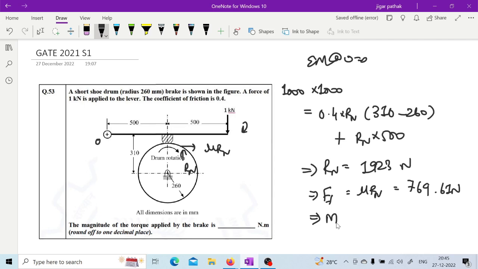So the braking torque is Ff into the radius of the drum, 200. So it is almost coming around 200 Newton meter, right? So this 200 will be your answer, correct? Okay, so today we are keeping it up to here.